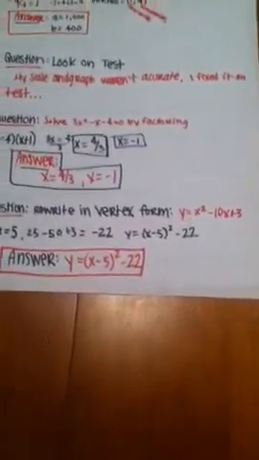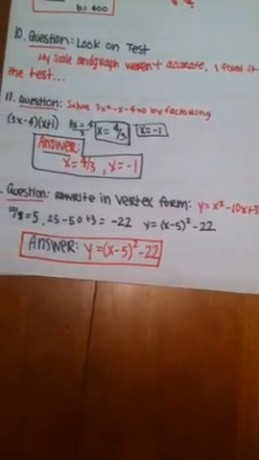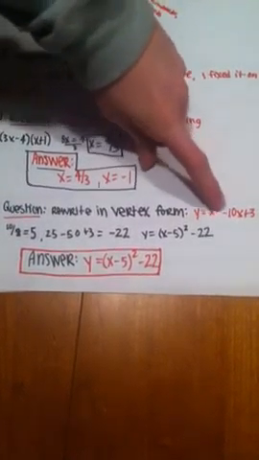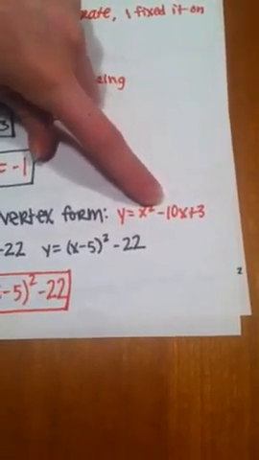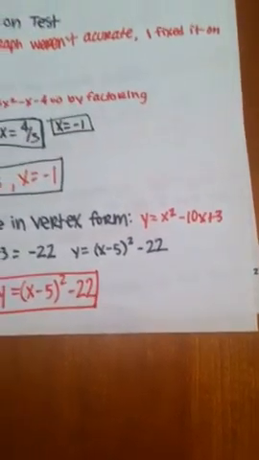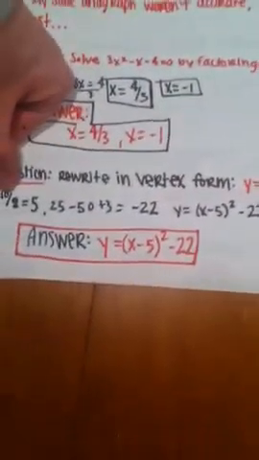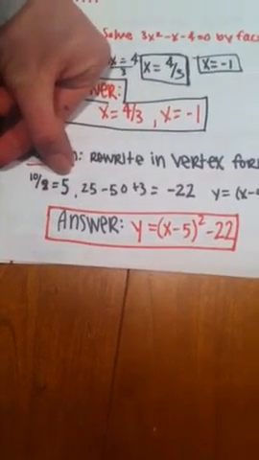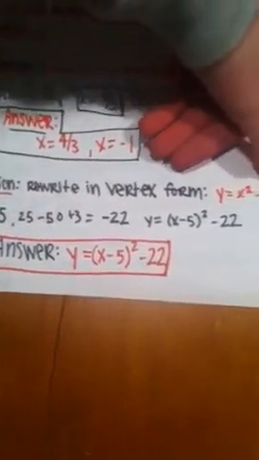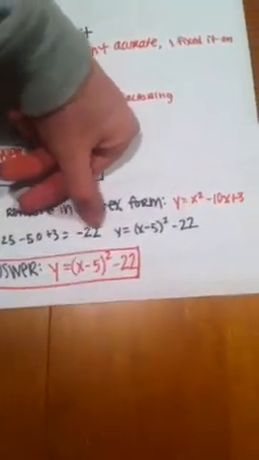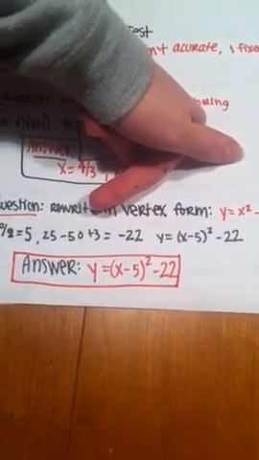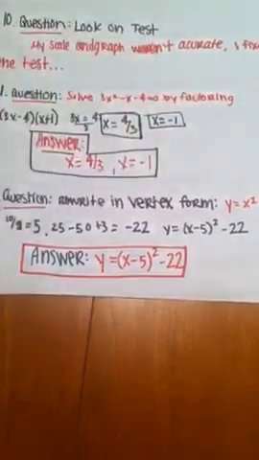Then number 12, I accidentally, when you had to find x, when you find x to rewrite this into vertex form, it's negative b over 2a, so it would have to be 10 over 2, which is equal to 5, and then you just put 5 in for x into this equation, and you simplify that out, and you get negative 22 instead.